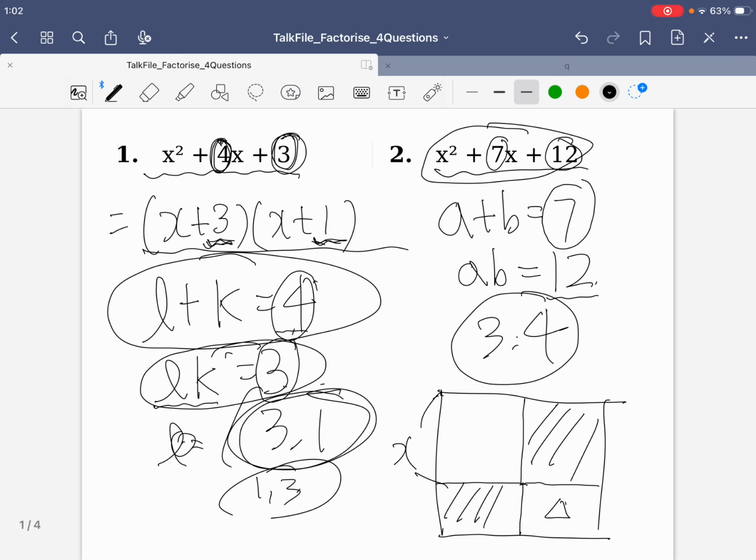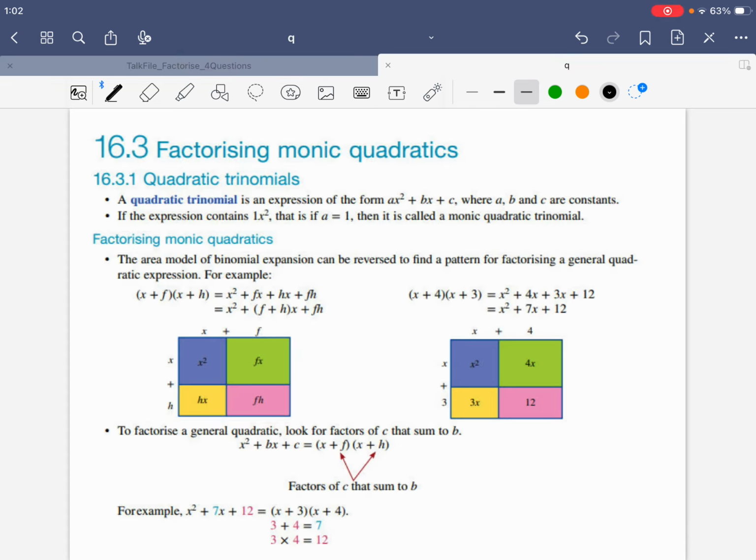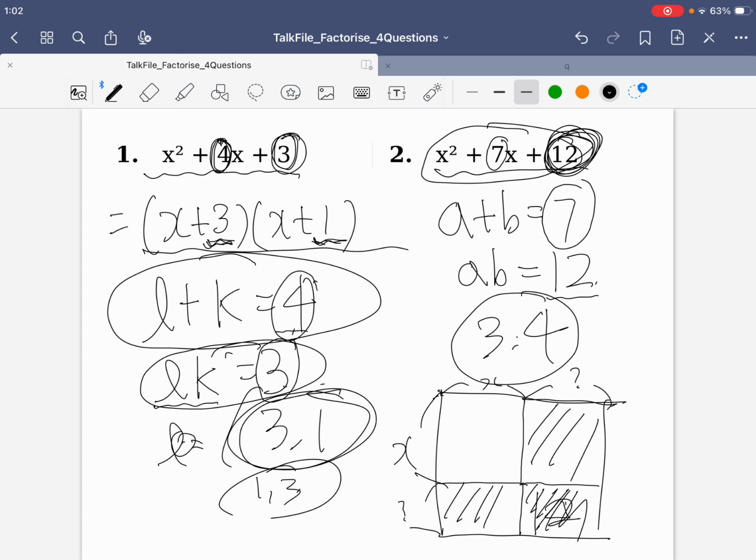So x, and we don't know this number. But we know this is 12, because 12 is here, and we know this should come here. Have a look at this one. This is the only constant in this expression. So we know this times this, we get 12.